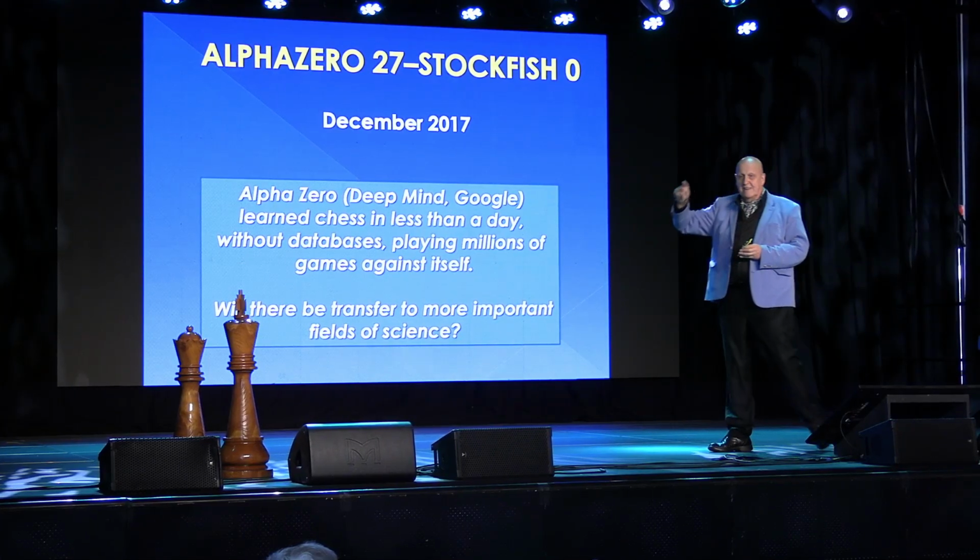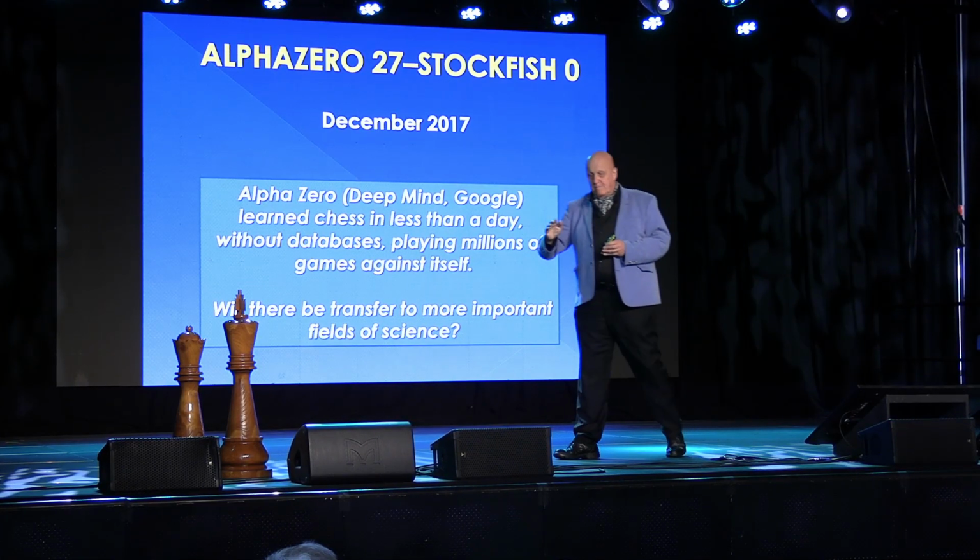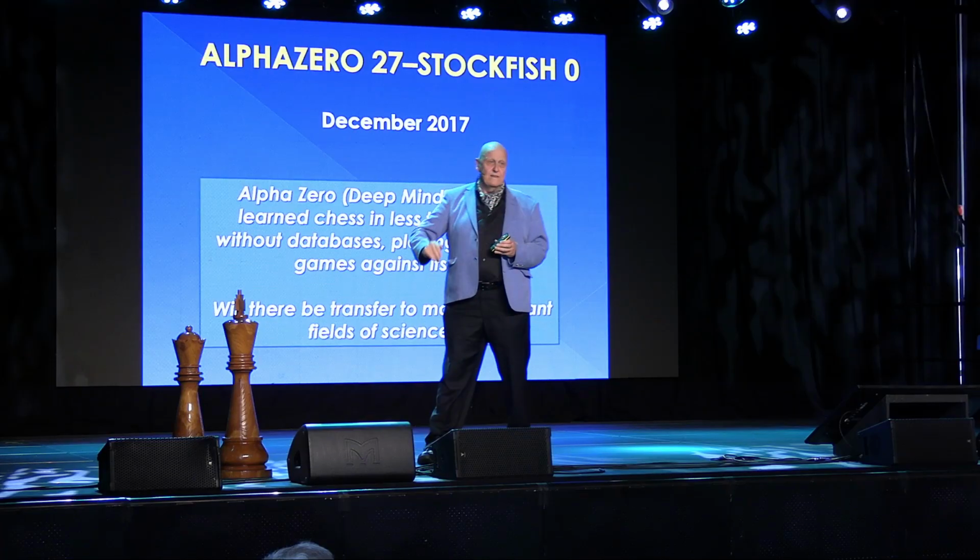AlphaGo was able to beat a very strong Go player, the Korean Sidol. Then they created AlphaZero. AlphaZero was playing chess, but, and this but is with capital letters, completely different than Deep Blue.